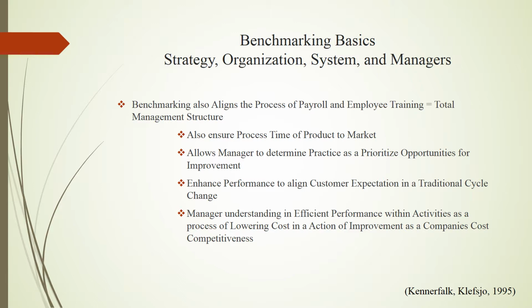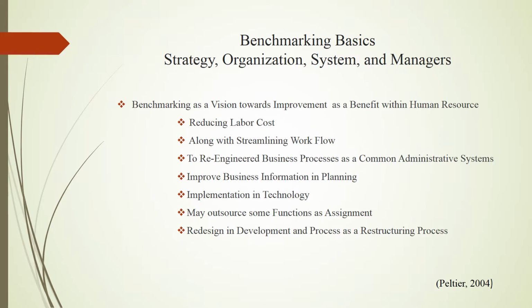The company needs to stay competitive and on top of the industry, as long as there's a form of strategy within that function. Strategies, organization systems and managers provide a vision towards improvement as a benefit with human resource. This can also reduce labor cost along with streamlined workflow.